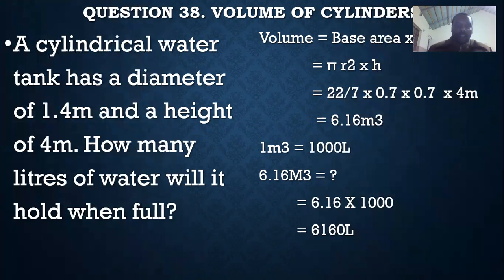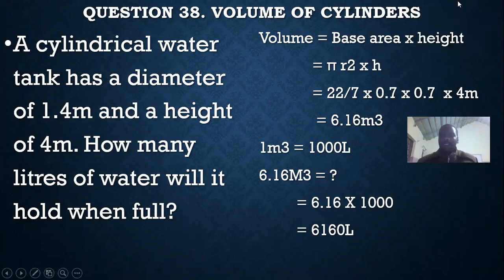volume of cylinders. Volume of anything equals base area times height. So the base area or cross-sectional area times length. So the volume of this cylindrical water tank, which had a diameter of 1.4 and a height of 4 meters, will be the base area times height. The base area of the cylinder is a circle, and the area of a circle is pi r squared.